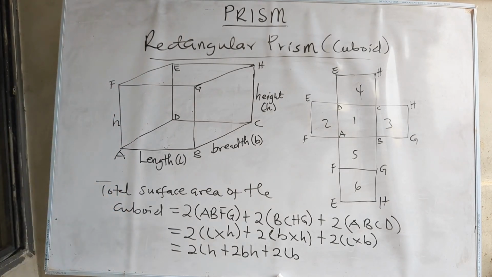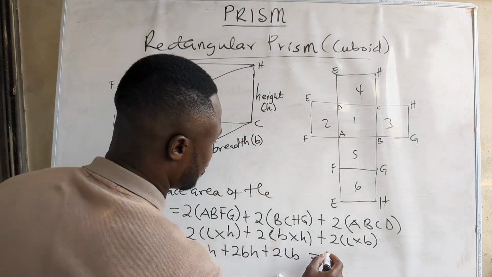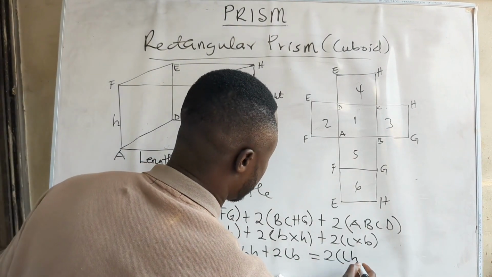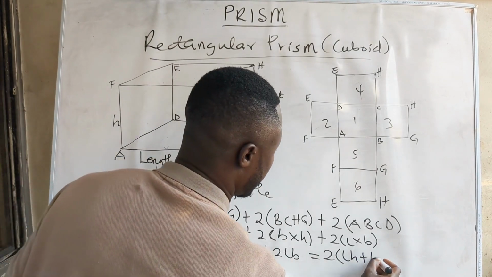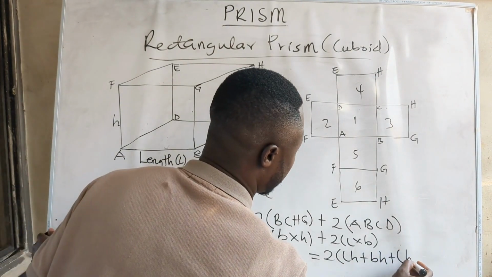Let's see if we can factorize something out here. Okay, so we can have 2 here, 2 here, 2 here. So we can put 2 outside, and then we have LH, length times the height, plus breadth times the height, plus length times the breadth.